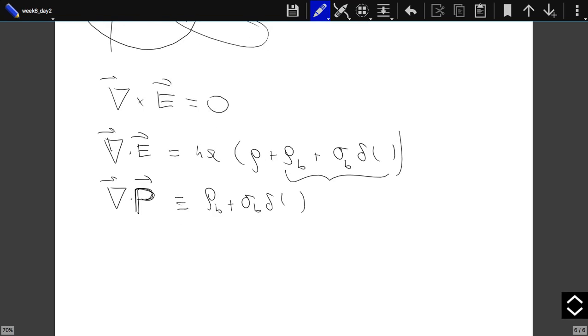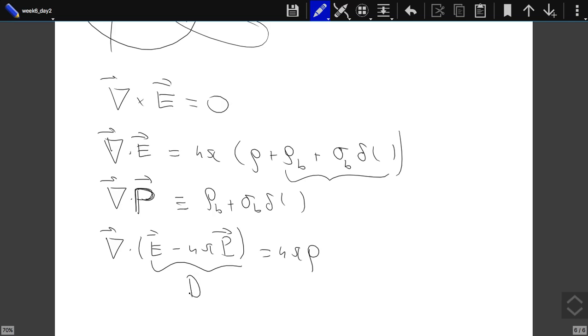This is kind of the definition, so that the divergence of the electric field minus 4 pi times this P field is equal to 4 pi rho. And this is what's called the displacement field.